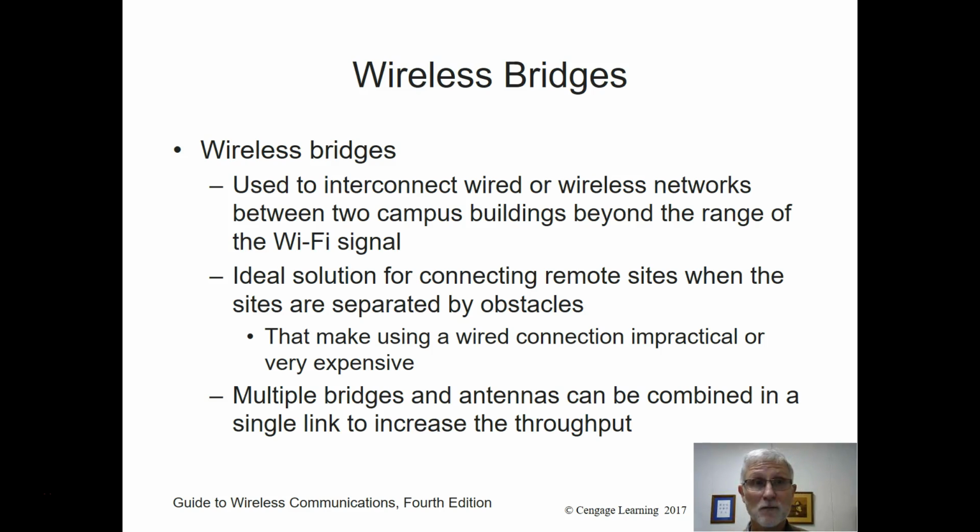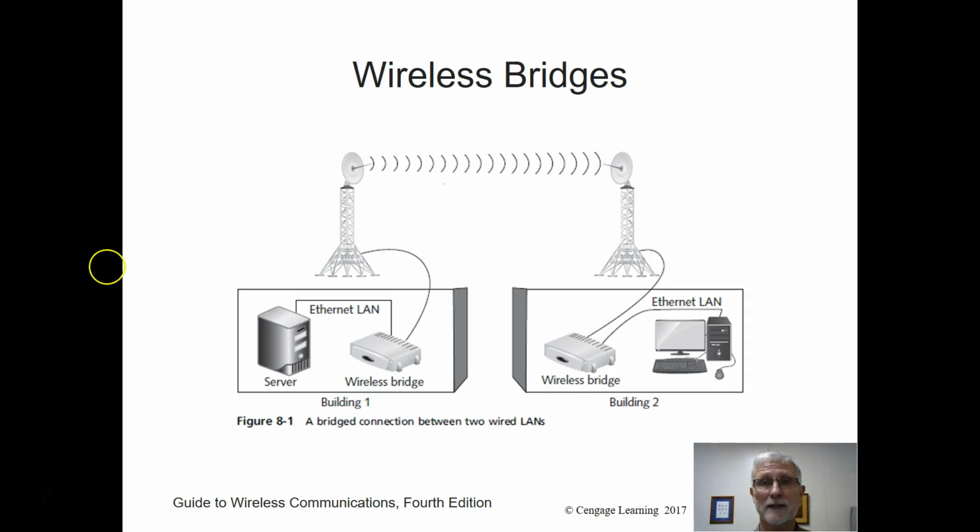A bridge is an ideal solution for connecting remote sites when they're separated by obstacles or a large geographic area. And multiple bridges and antennas can be combined to help increase your throughput.